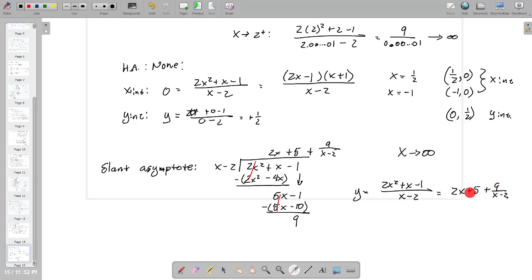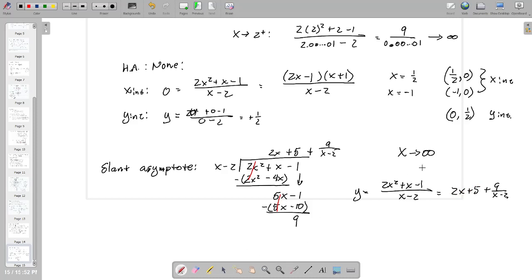It'll get closer and closer to this line. It'll never be equal to this line, because this will never actually be 0. It'll get closer and closer to 0, basically making it negligible. So this will be infinitesimally small, but will be trending along this path, which is 2x plus 5, which is a linear function.